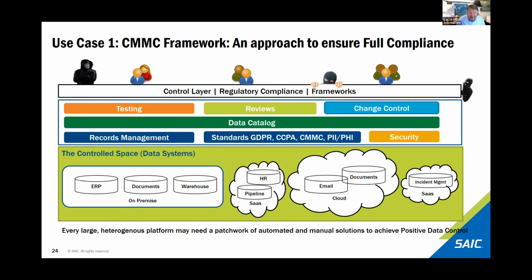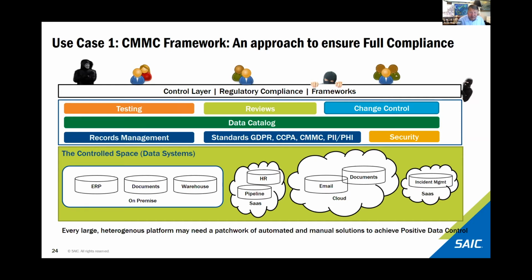We think it's fascinating because we think we have a solution to this challenge based upon some of the discussions Dr. Talbert and Dr. Pullen mentioned. And we believe that every large heterogeneous environment organization has this challenge today and has to find a way to address it.